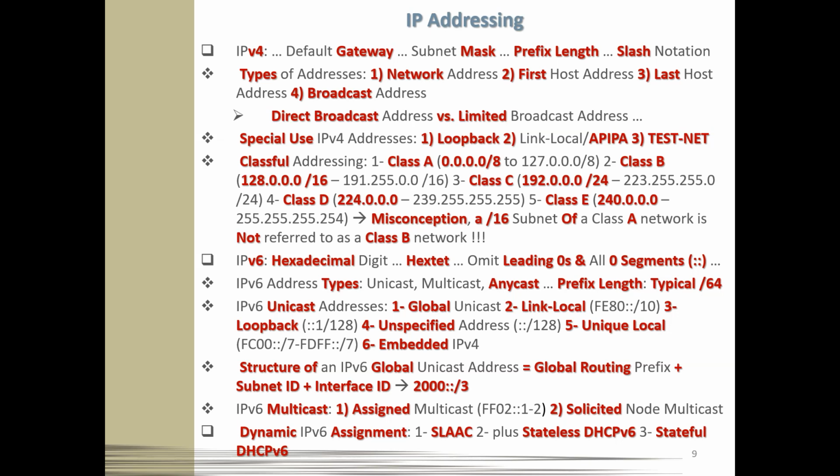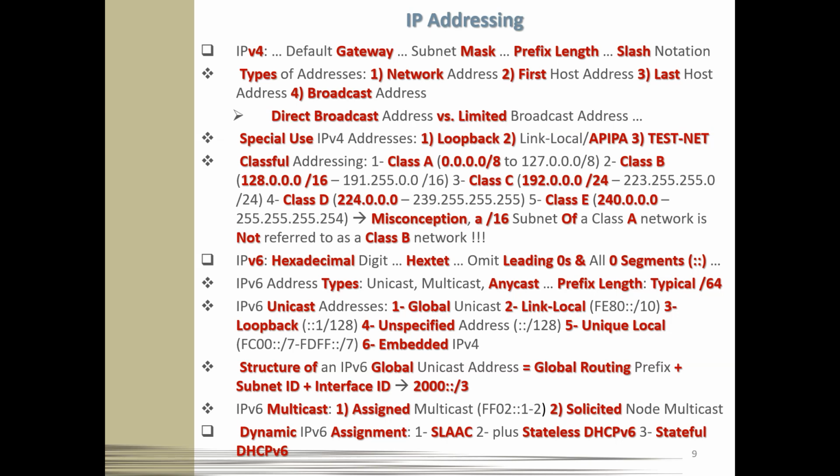So class B starts from 128.0.0.0/16. Class B was designed to support the needs for moderate to large size networks. So up to approximately 65,000 host addresses can be addressed with class B. Still too big for today's networks, for today's businesses. We don't need that many.